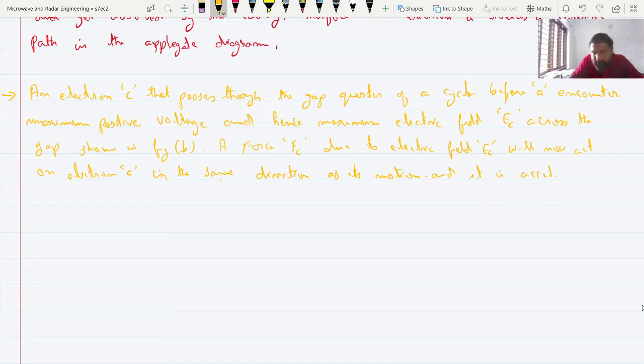So the velocity of electron C will be Vc, greater than V0.